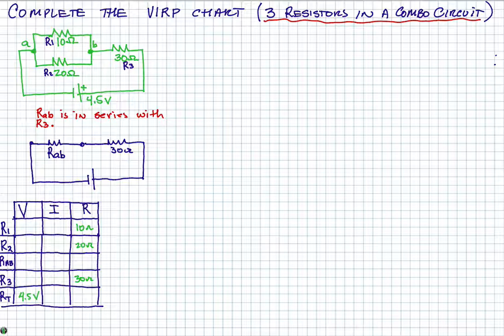Okay. RAB is also called the equivalent resistance of R1 and R2. In other words, what I could do is I could replace R1 and R2 with the equivalent resistance, which we still have to calculate.